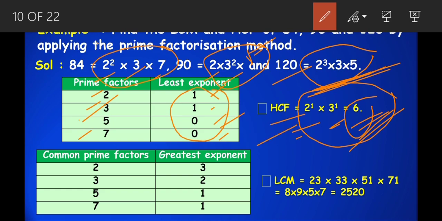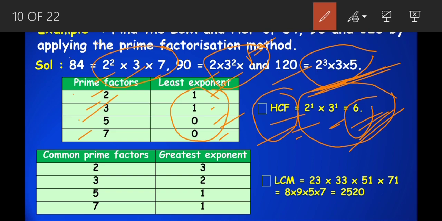So this will be considered as HCF. This acts as the highest common factor of all the given terms. Means the highest number which can divide all the terms, because 84 is divisible by 6, 90 is divisible by 6, 120 is divisible by 6.